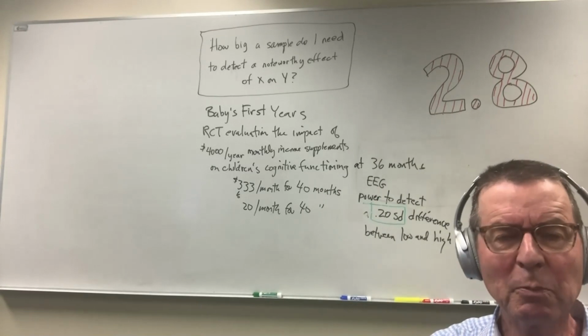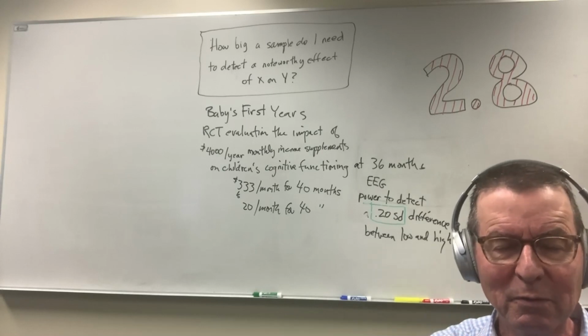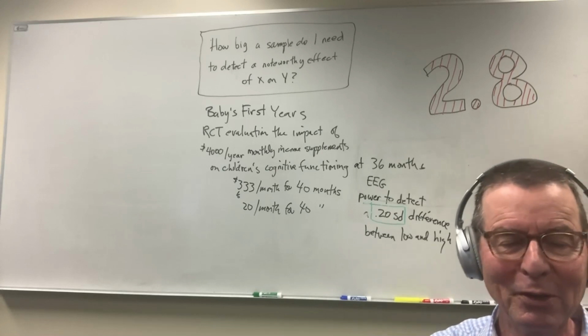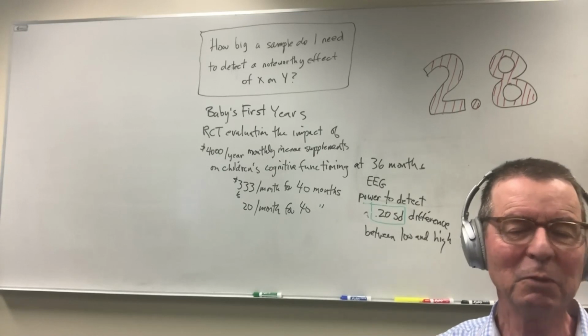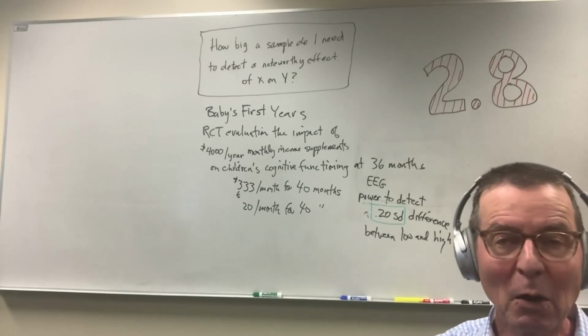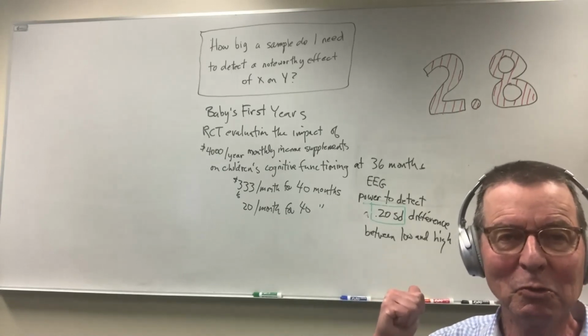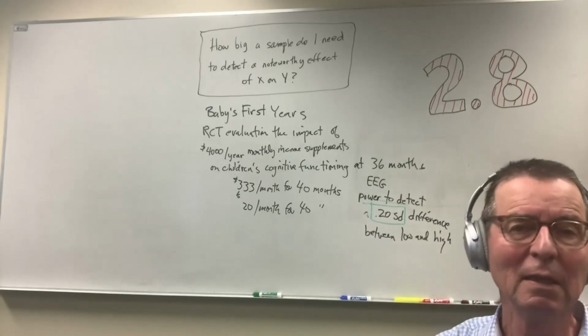So we were stuck with a 0.2 standard deviation impact. And if we only had money to recruit 800 families initially and might have 600 after 3 years, we wouldn't get the money. We would not have enough power to have an 80% chance of detecting the 0.2 standard deviation. So you're kind of stuck.